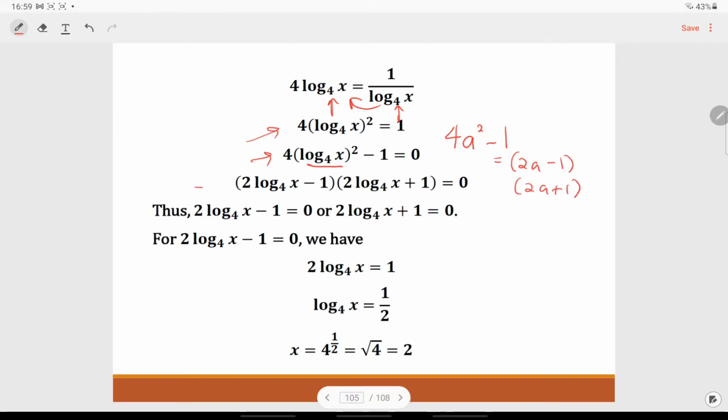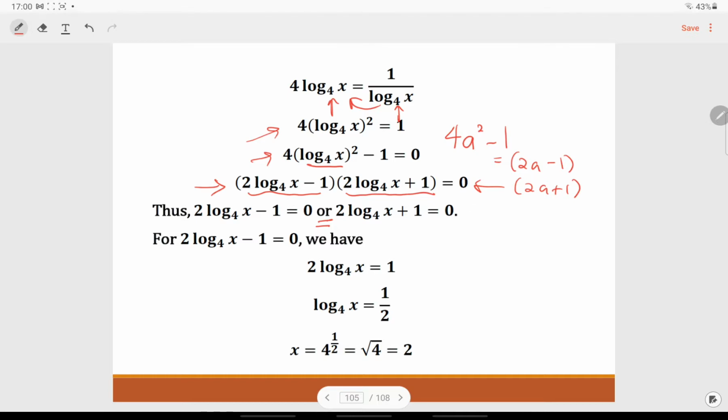So that is why we have this equation: 2 log x base 4 minus 1 times 2 log x base 4 plus 1. This equation becomes true when one of these parentheses equals 0. So we have 2 log x base 4 minus 1 equal to 0, or 2 log x base 4 plus 1 equal to 0.